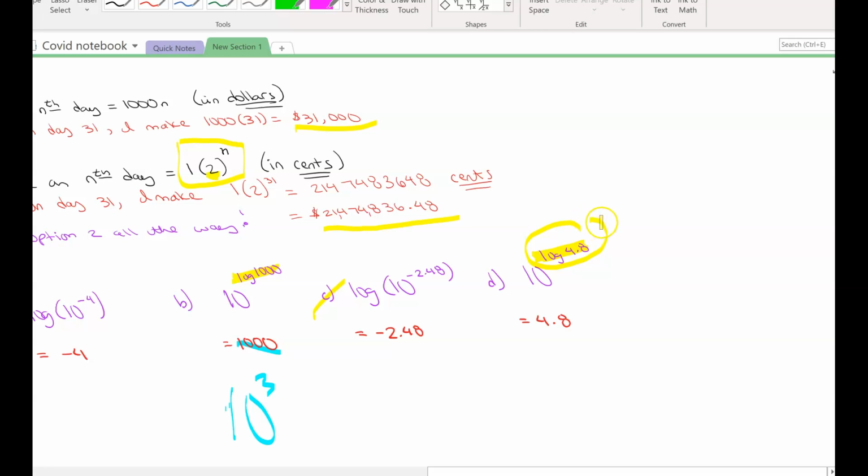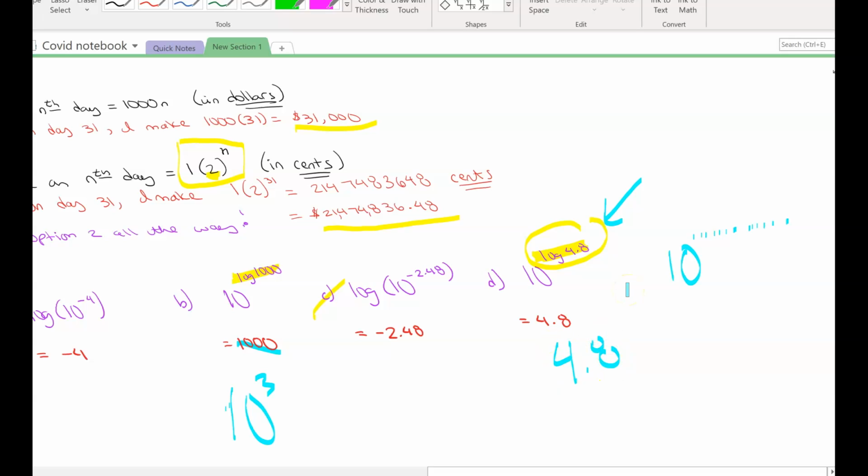It's not going to be a nice clean integer. But if this number is the exponent that 10 is raised to get 4.8, and then you raise 10 to that very exponent, what you get back is 4.8.